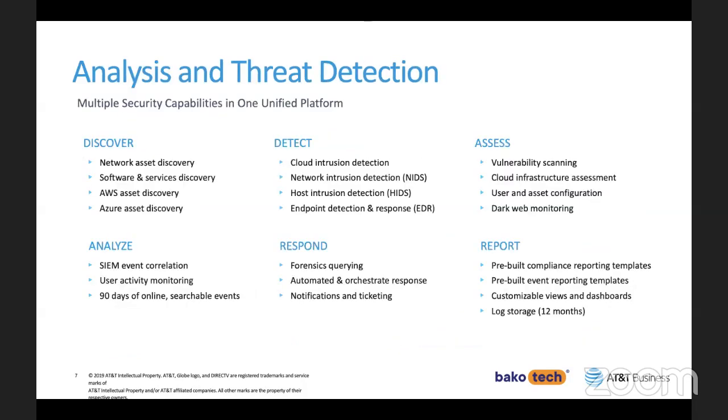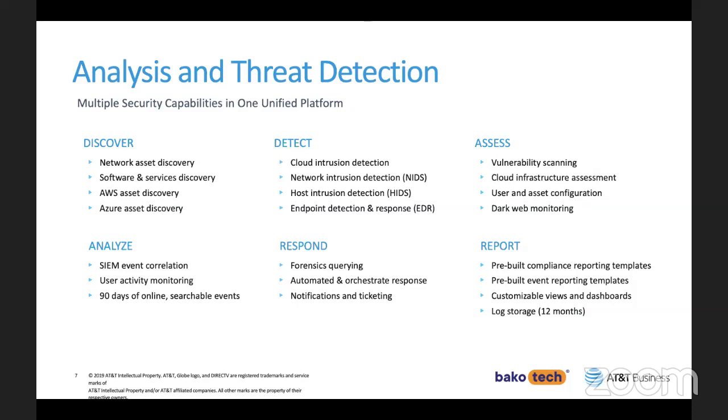So here are the main modules, the main features of Alien Vault USM Anywhere. First of all, it can discover assets, software, and services in your environment. Again, it doesn't matter if this is cloud or on-premises. Then it can detect a lot of harmful connections, a lot of malware in your traffic. It could detect potentially harmful logins to your endpoints, and so on.